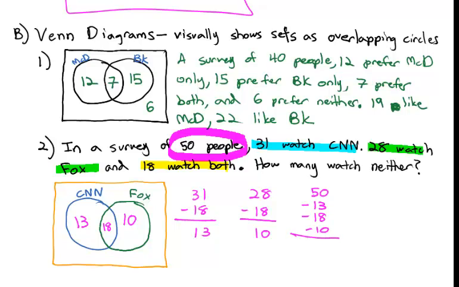And if we do that on our calculator, 50 minus 13 minus 18 minus 10 is 9. There are 9 on the outside. To answer the question, how many watch neither? 9 people in the survey watch neither CNN or Fox.